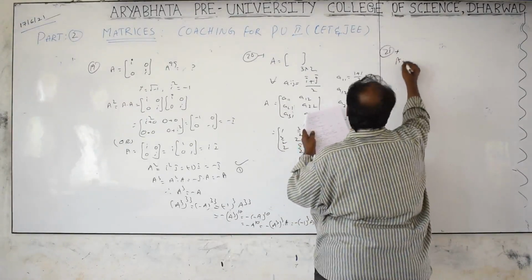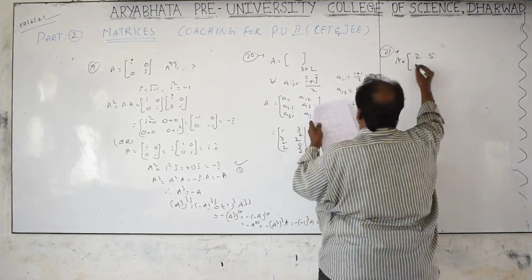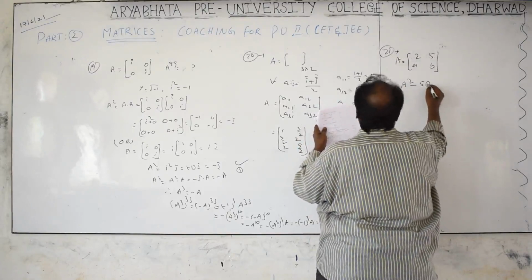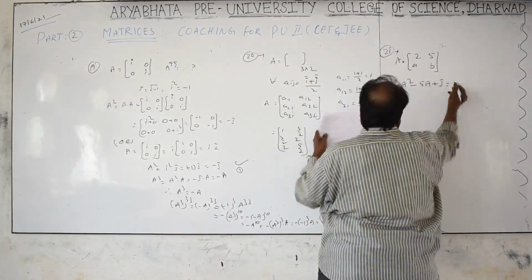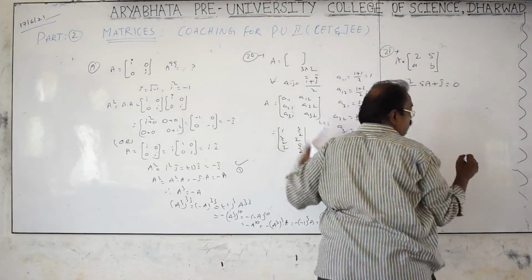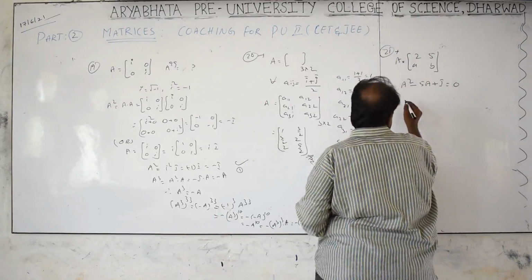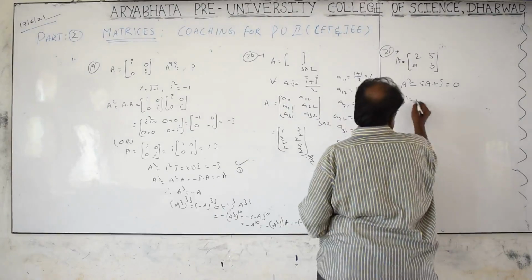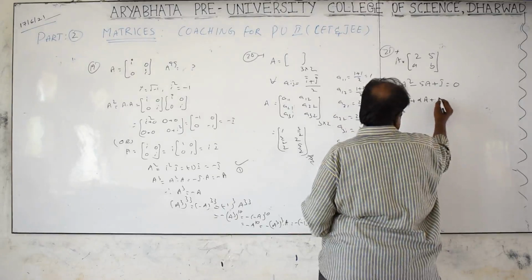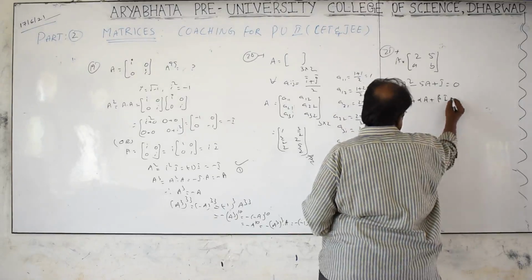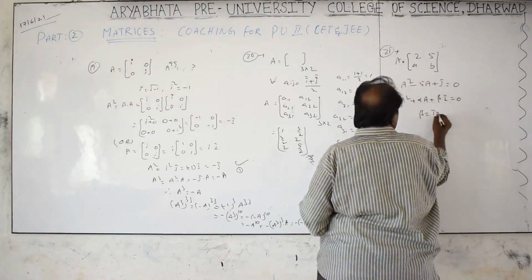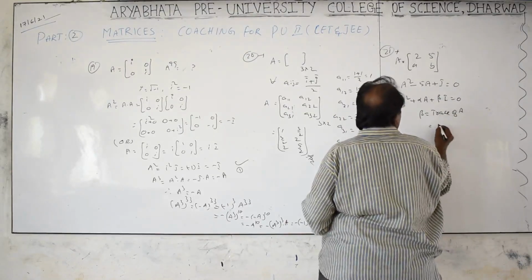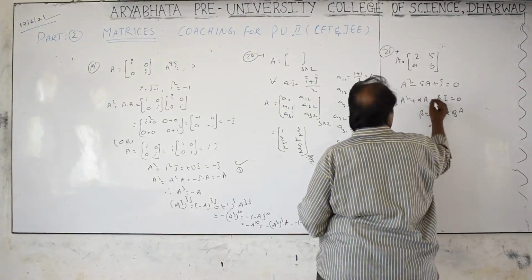21: capital A is given as [[2, 5], [a, b]]. We are asked A square minus 5A plus I is equal to 0, na. 0 means null matrix. And we have to find this one. How can you find? Already I told one formula: A square plus alpha A plus beta I is equal to 0. Beta means trace of A. It is trace of A means it is minus 1.